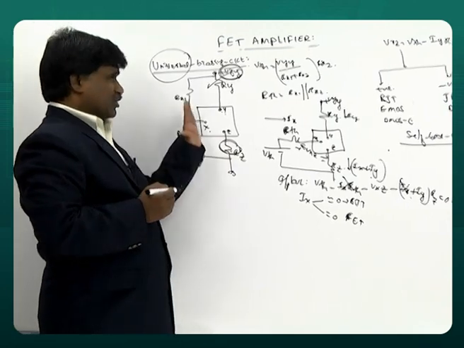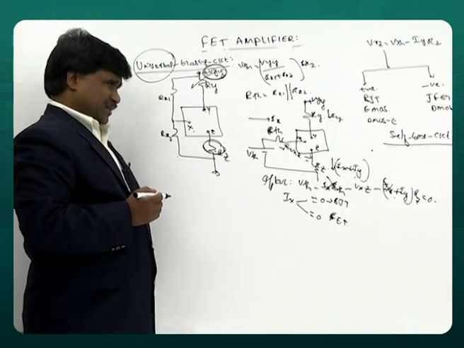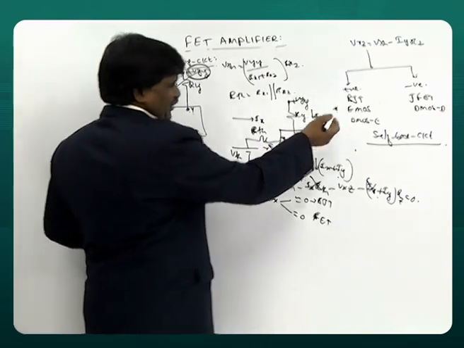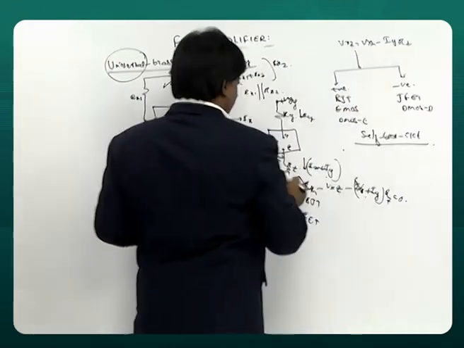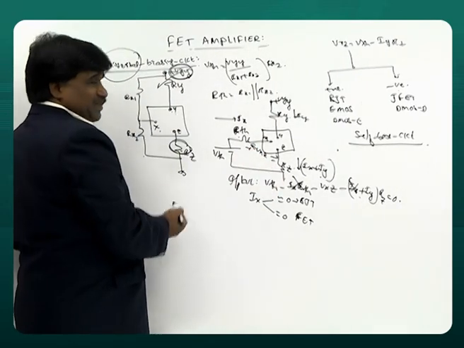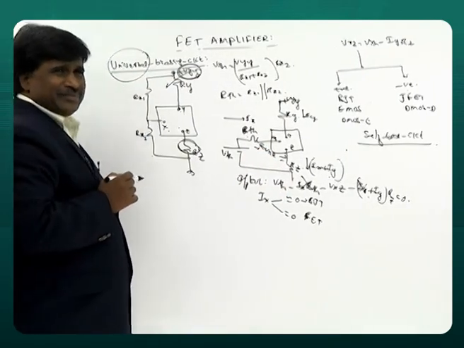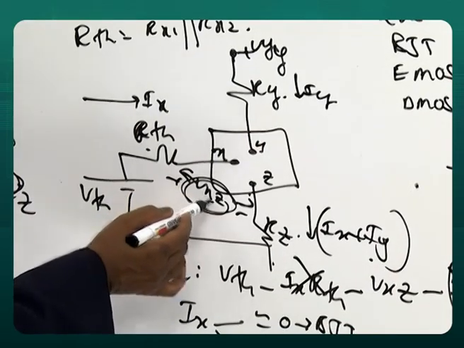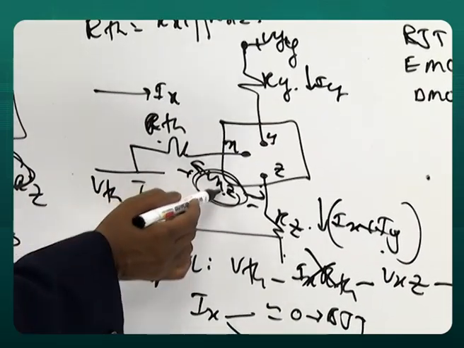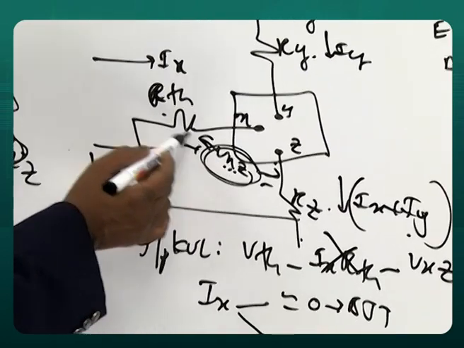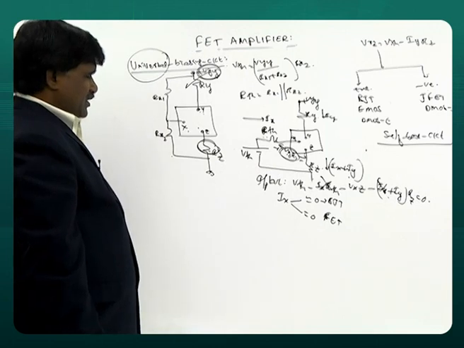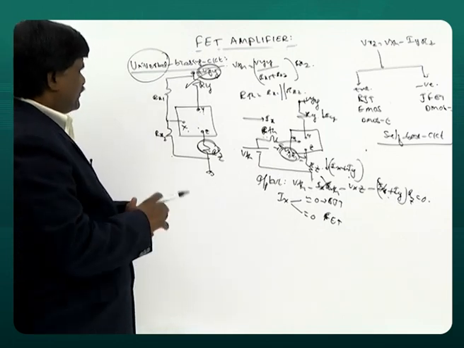That's the first topic, called the biasing circuit. So let us use this one. For different devices, you need different values, but the circuit is the same. If this particular value is negative, it is JFET, DMOSFET. If it is positive, enhancement MOSFET. That's the main idea here.